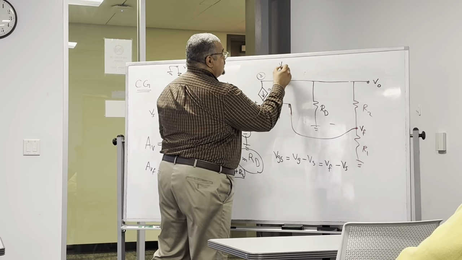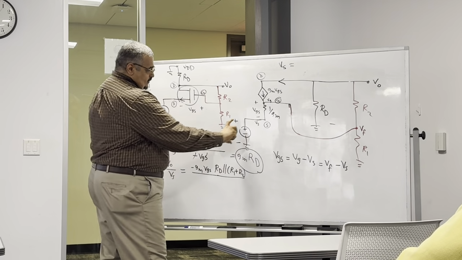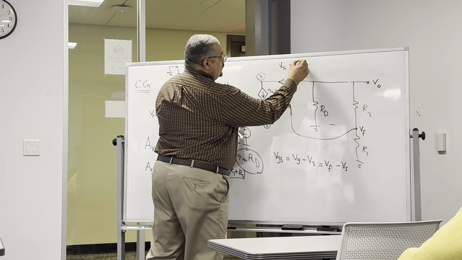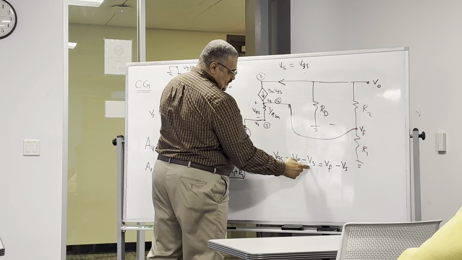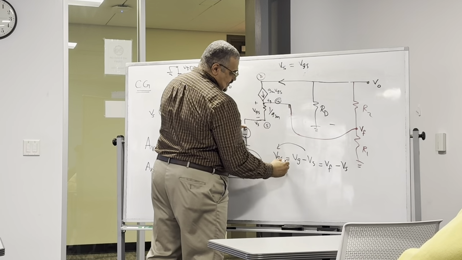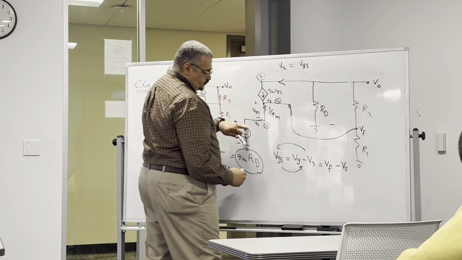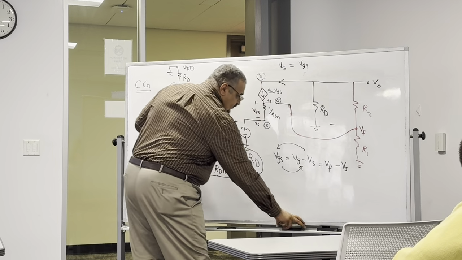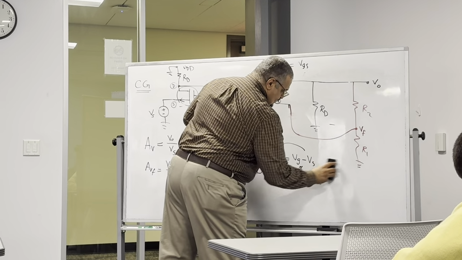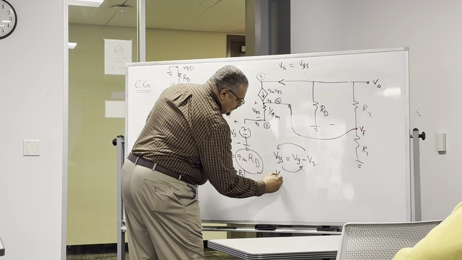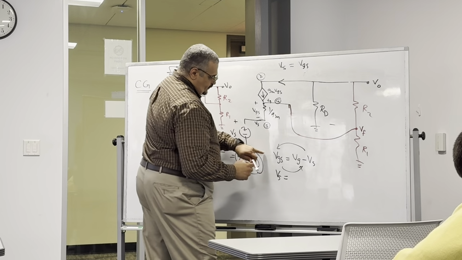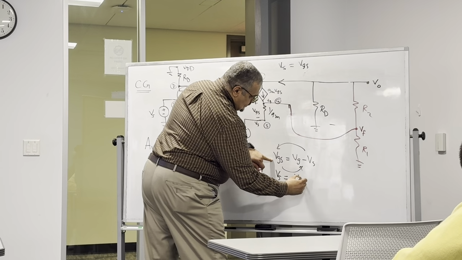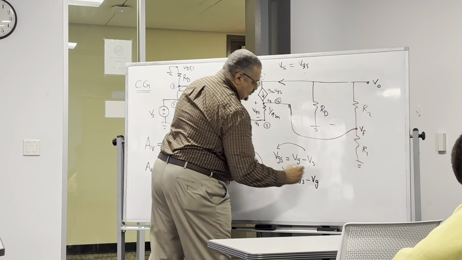So VS, this one, okay, is VGS from here. If you move this to this side and this to this side, right? Okay, so before this, let me define VS. VS is VGS minus VG.